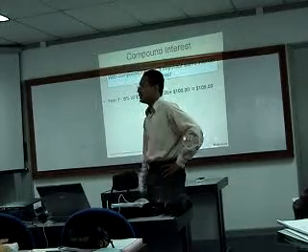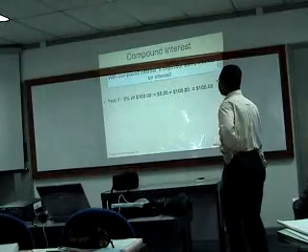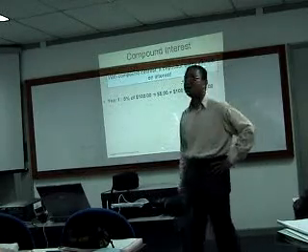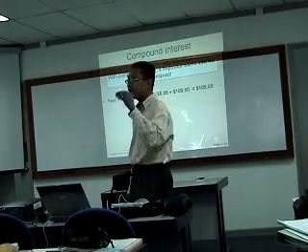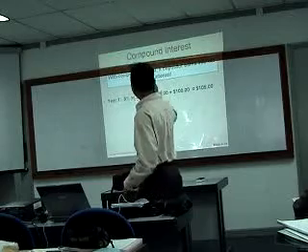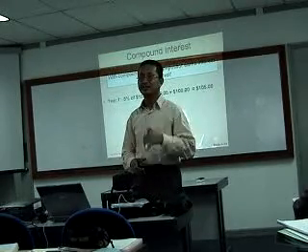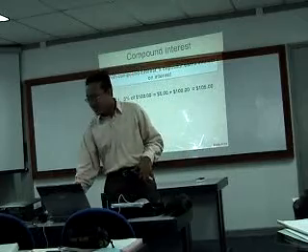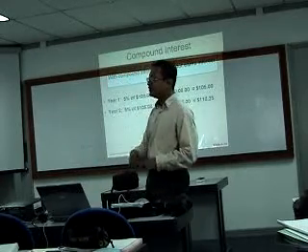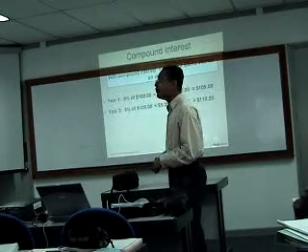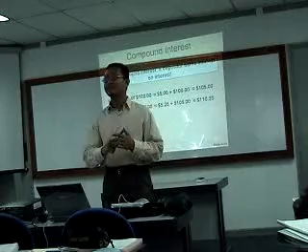Now let's see the first year. 5% of 100, you get the same: 5 ringgit plus your principal, 105. The second year, 5% out of 105, not 100.